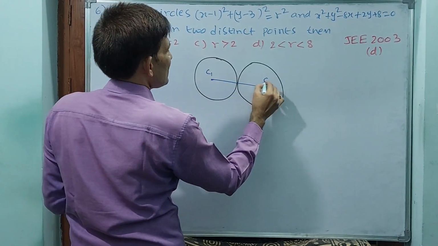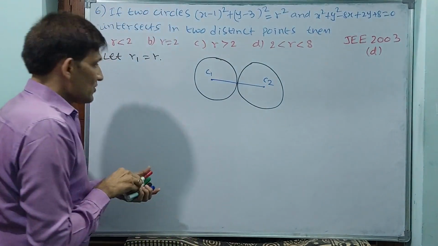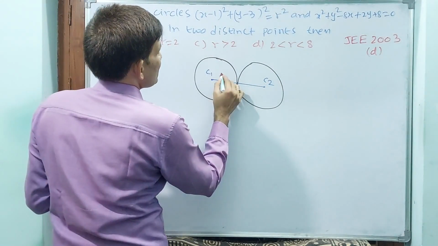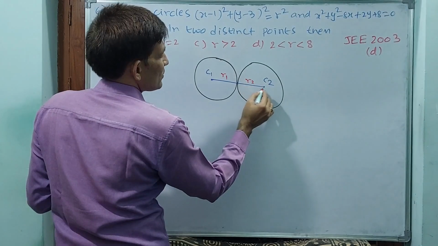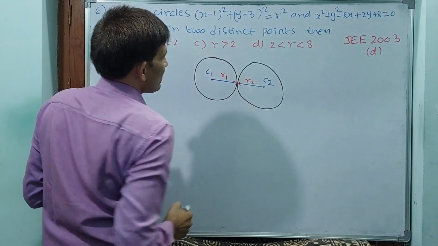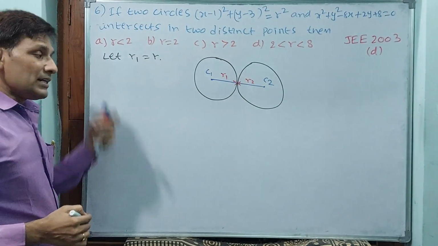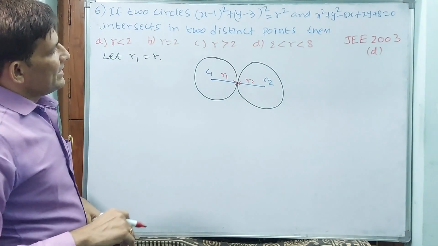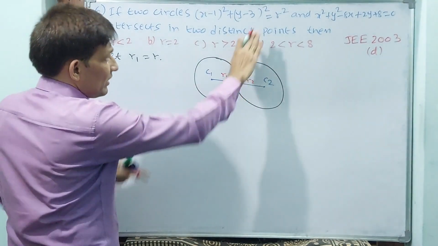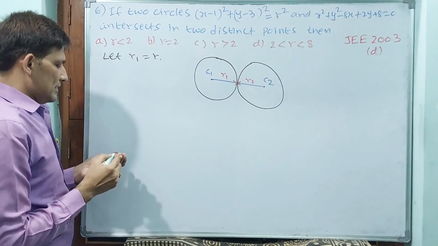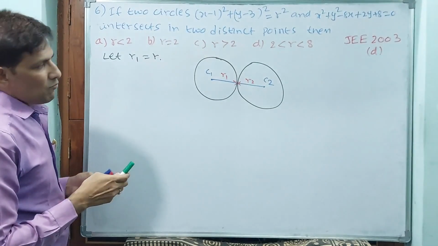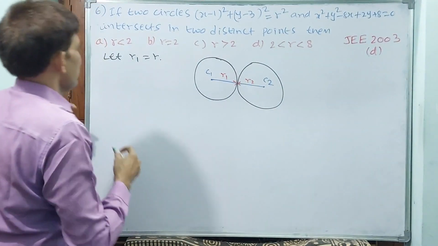From here to here this is R1, from here to here this is R2. The logic is here. Let me get R1, R2, then we will discuss more.